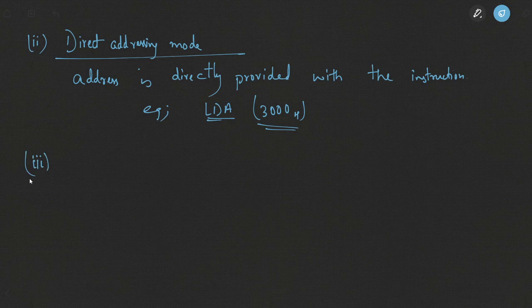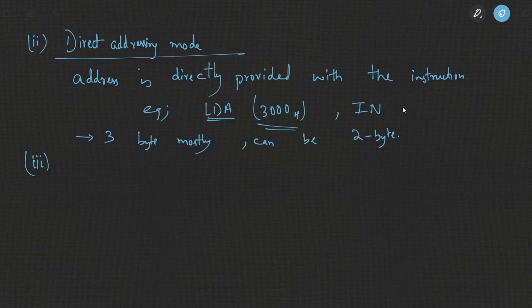Most of the times they are 3 byte, mostly, can be 2 byte as well. Fine. So we'll also see those instructions that are actually 2 byte, like in case of IO operations.